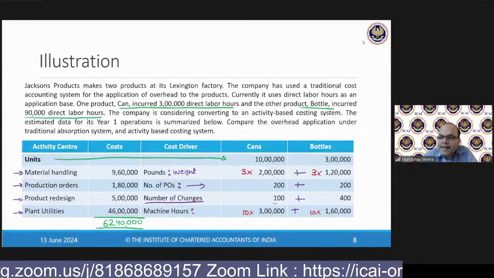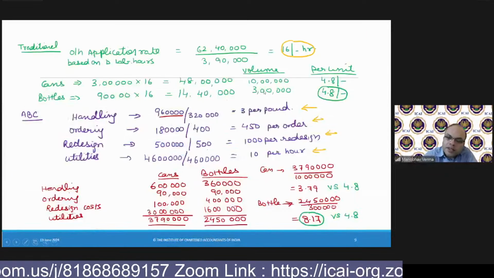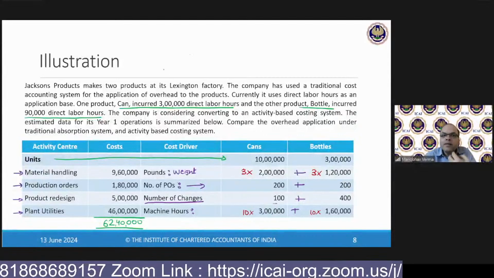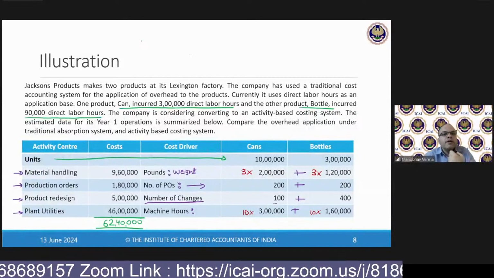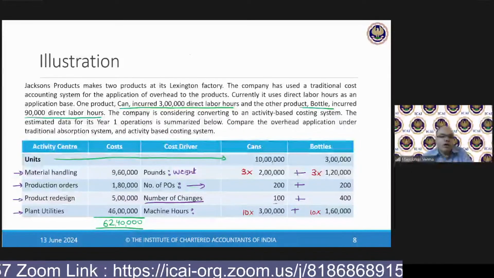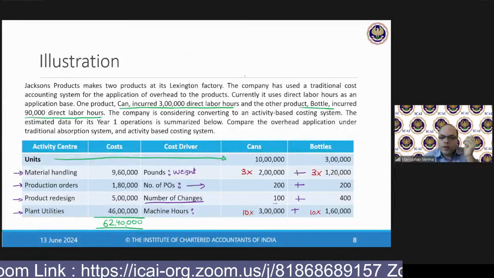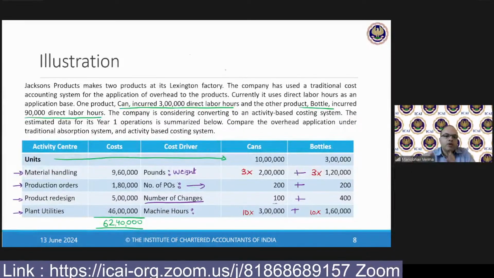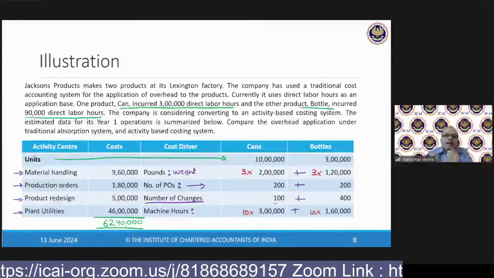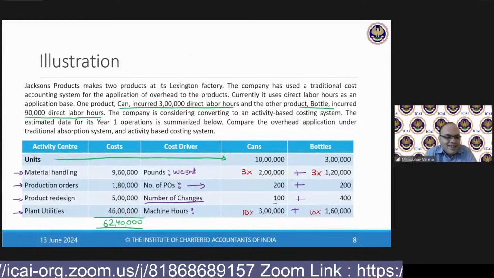Initially, we were saying 4.8 each, but now we are saying 3.79 versus 8.17. So what made the cost allocation a little higher towards bottle? No worries, Hemant. That's absolutely fine. My question is, what activity resulted in this correction here?